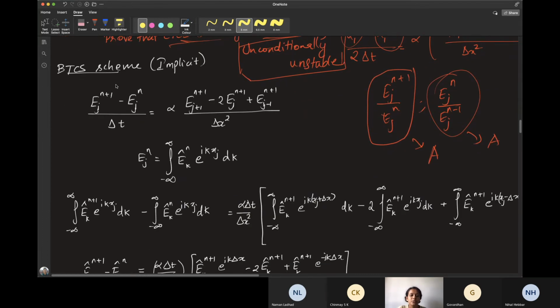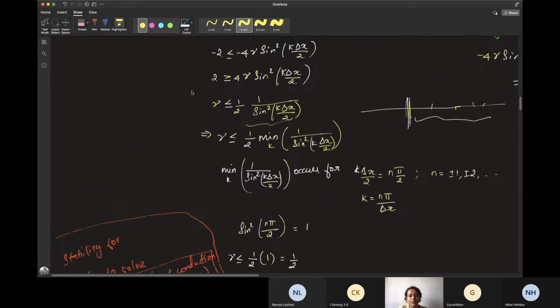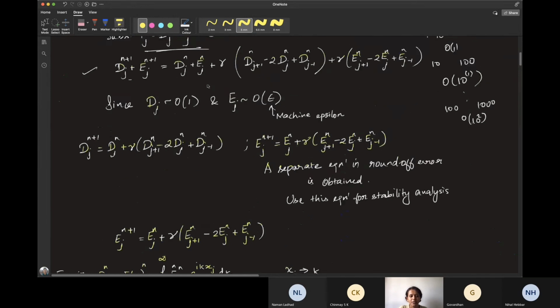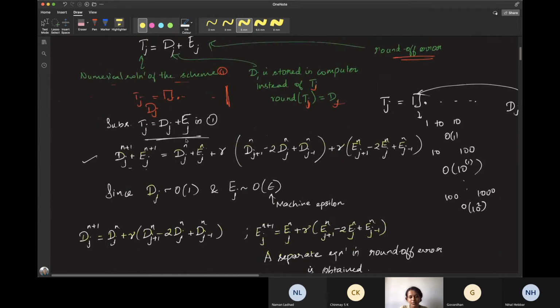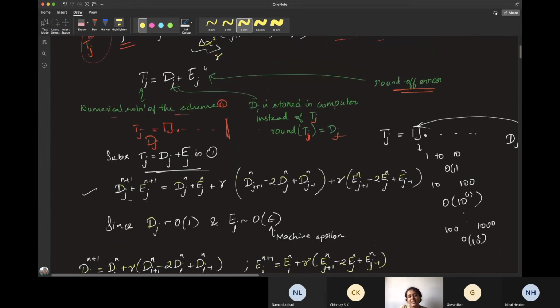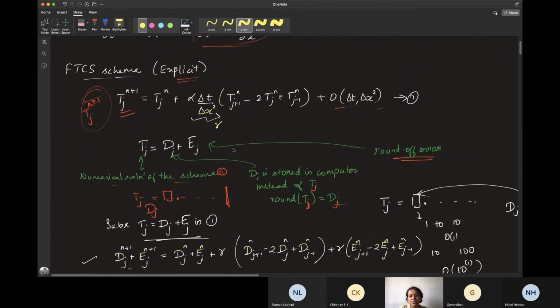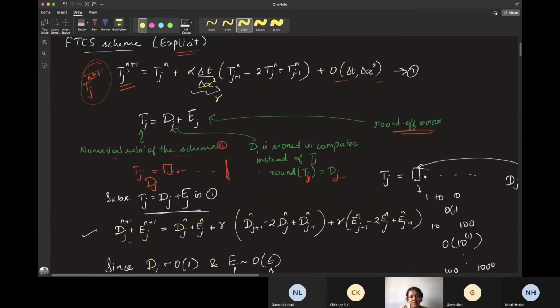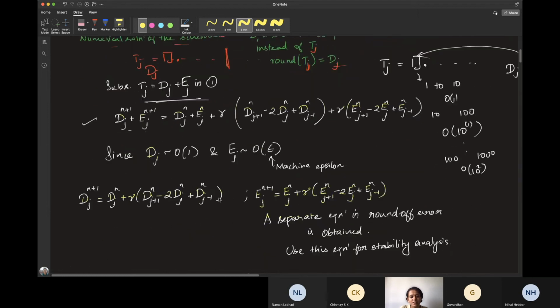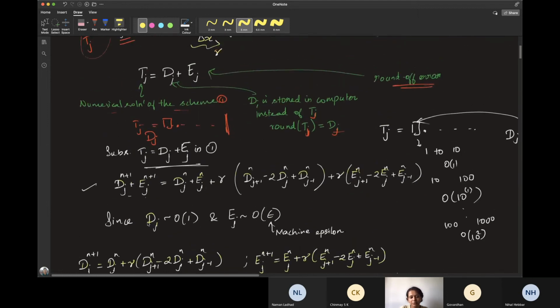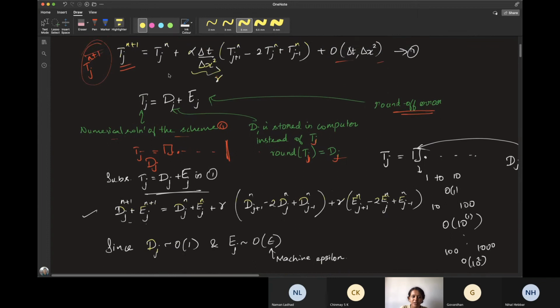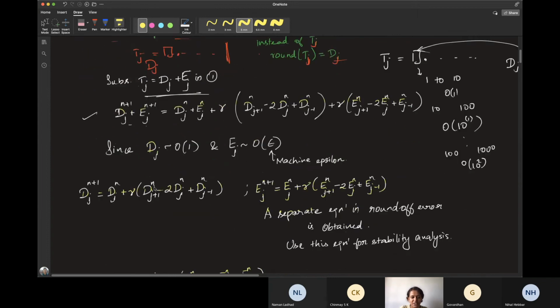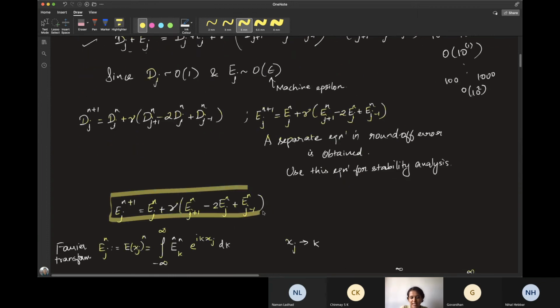Since we've done this already, I'm not going through the initial part of writing the TJ as DJ and EJ, because EJ will again follow the same expression as TJ, right? We have made enough arguments, I guess, to move from TJ to EJ.